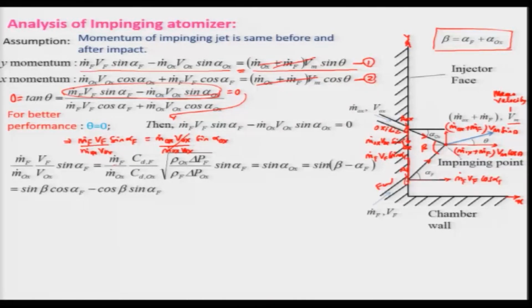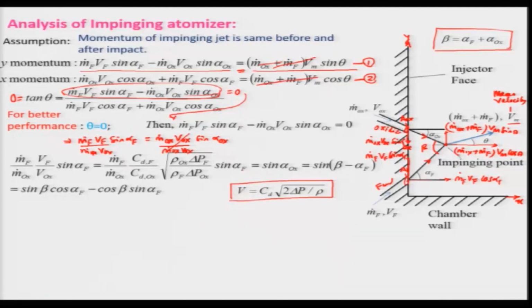Instead of v f, we can write the previously derived expression for the velocity of the fluid, that is C d root over 2 delta p divided by rho.